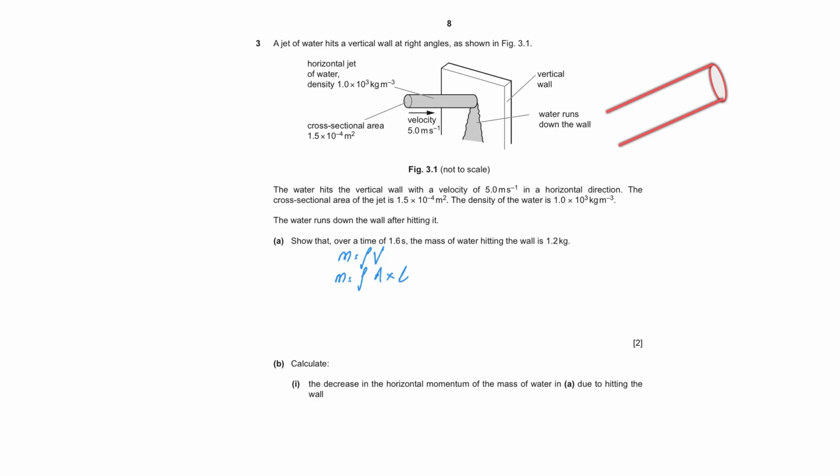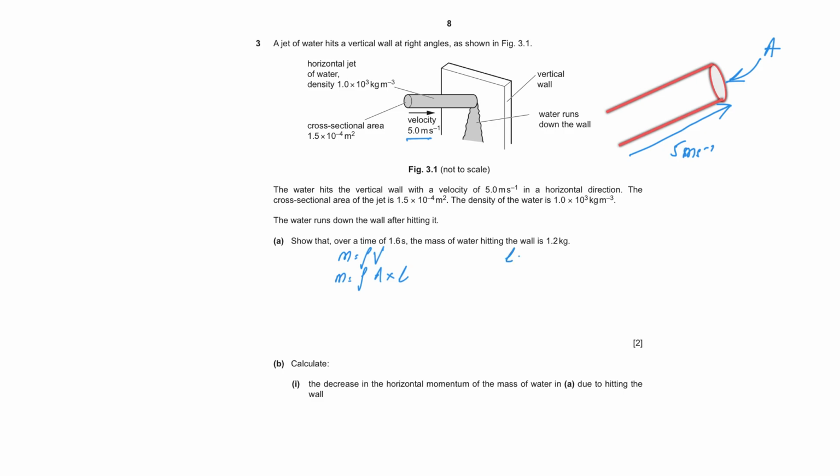Now, if you look at this, the cross-sectional area is constant. This is the cross-sectional area. This length depends on the time and the velocity. The velocity is 5 meters per second, which means for every 1 second that this water is turned on, you get a length of 5 meters. Our water jet is turned on for 1.6 seconds.